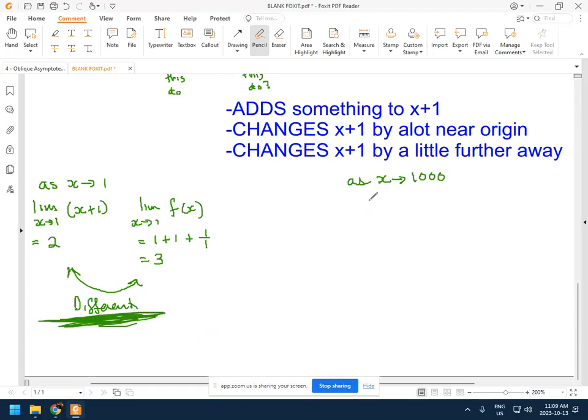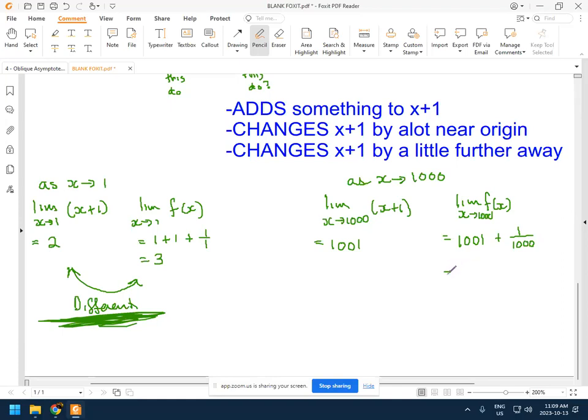But if I am testing the limit for end behavior, so let's do 1,000, for x plus 1, what do we get? 1,001. The limit as x approaches 1,000 for the function would be 1,000 plus 1, so 1,001, plus 1 over 1,000.